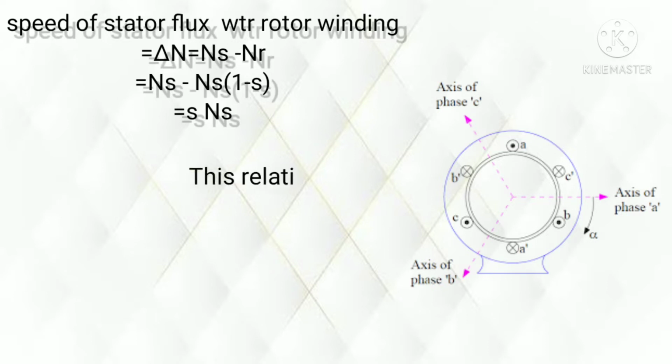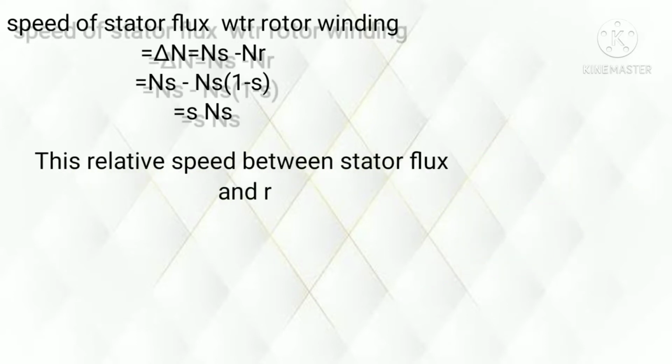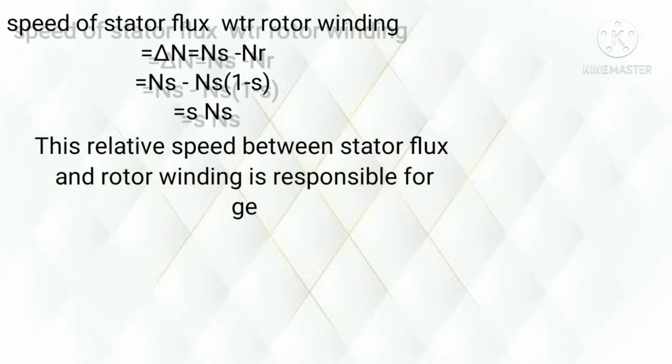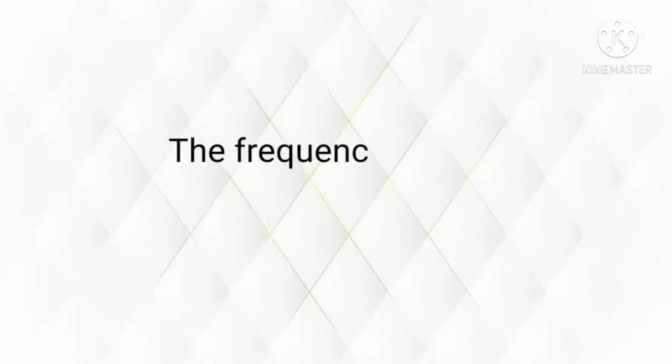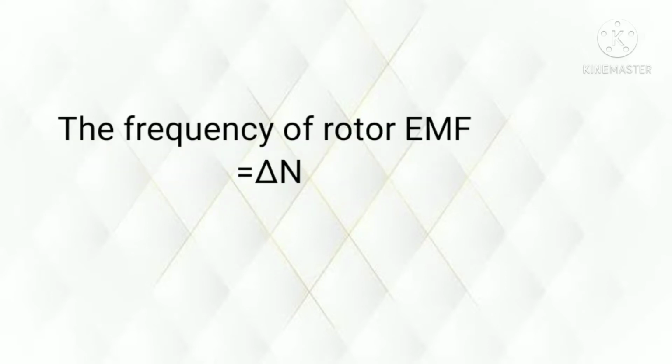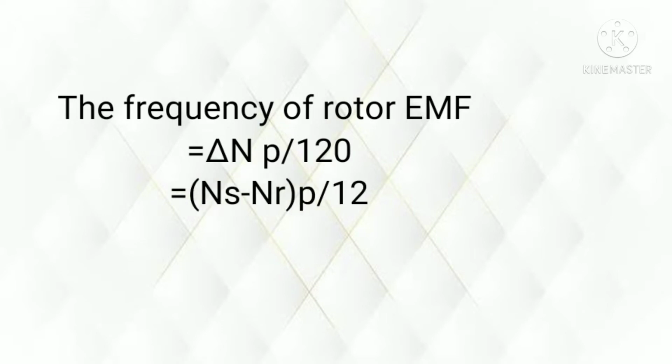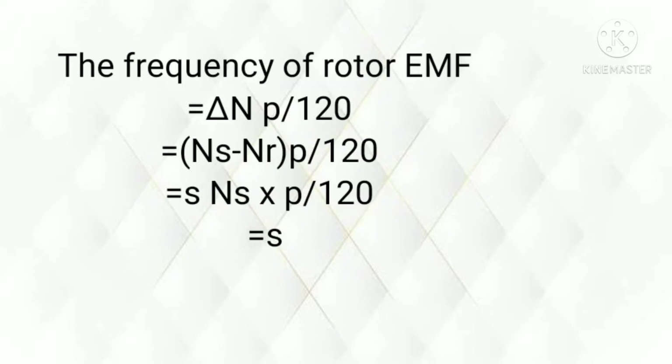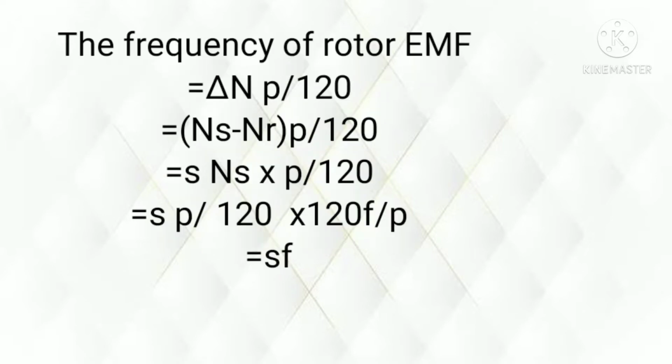This relative speed between the stator flux and the rotor winding is responsible for generation of rotor EMF. So the frequency of the rotor EMF is equal to this relative speed into number of poles divided by 120, that is (Ns minus Nr) into P divided by 120, that is equal to sF.